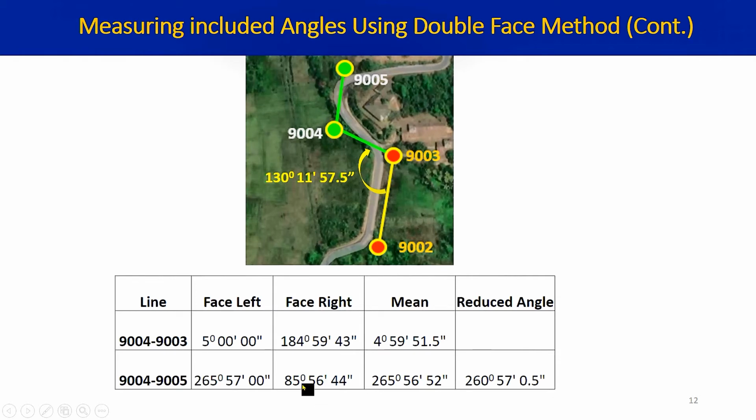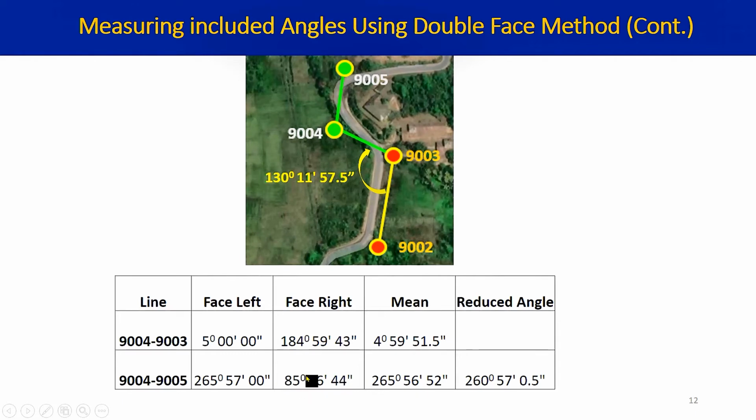In that case, the meaning of this 85 degrees 56 minutes and 44 seconds is that it has rotated a full circle of 360 degrees and has rotated 85 degrees 56 minutes and 44 seconds more. So the actual value of this phase right reading is, you need to add 360, then the value is 445 degrees 56 minutes 44 seconds, right?